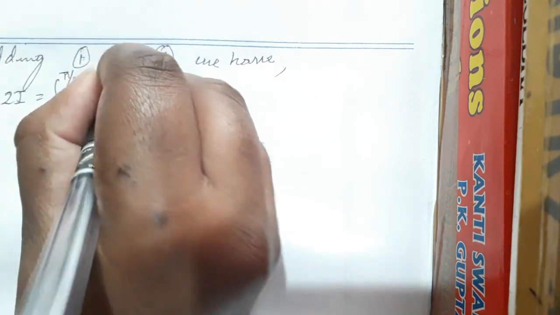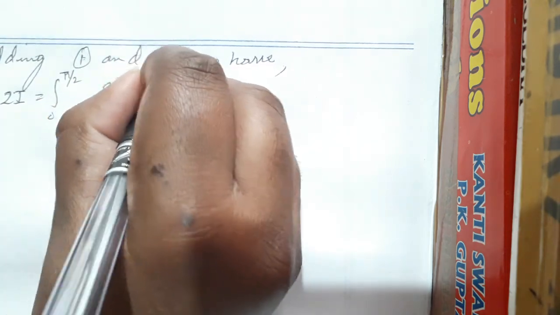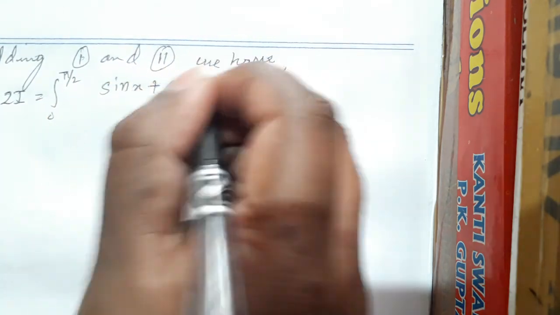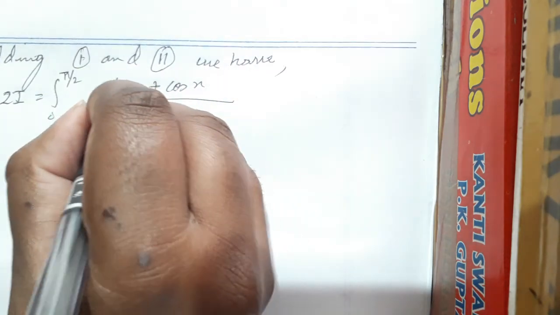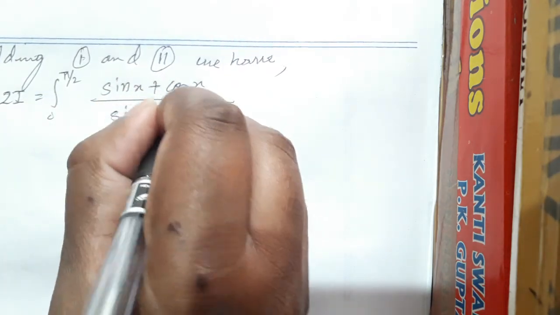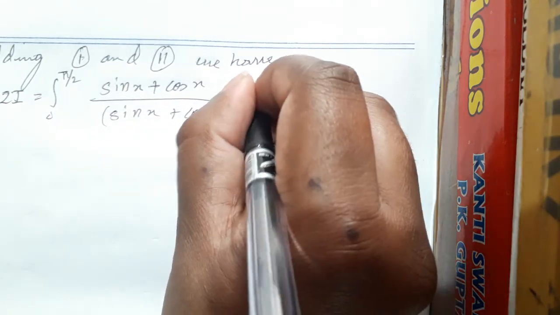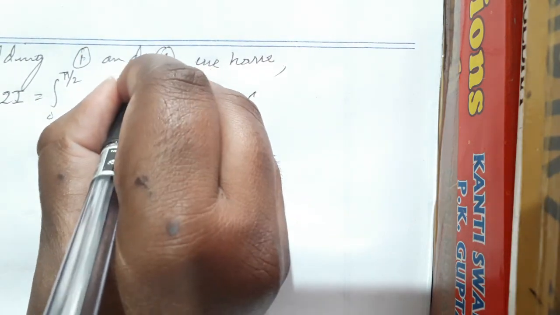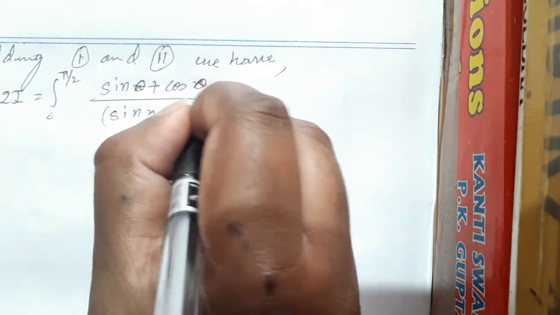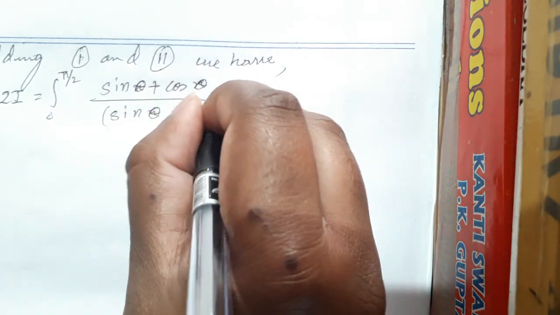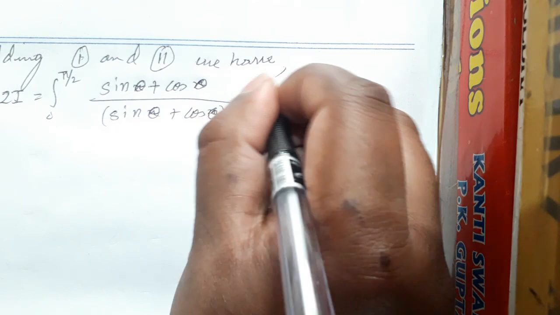On top I get sine theta plus cos theta, divided by sine theta plus cos theta whole thing square, d theta.